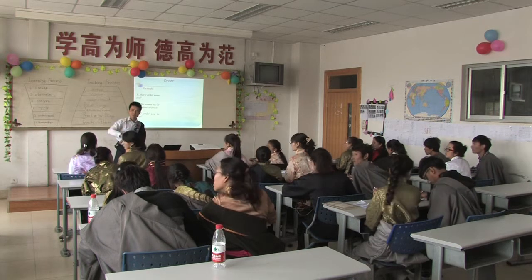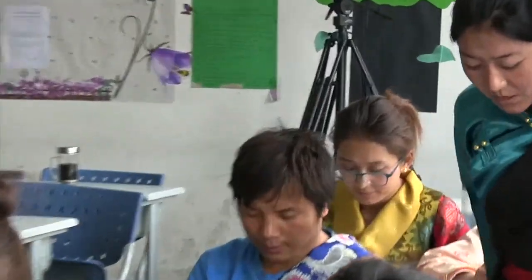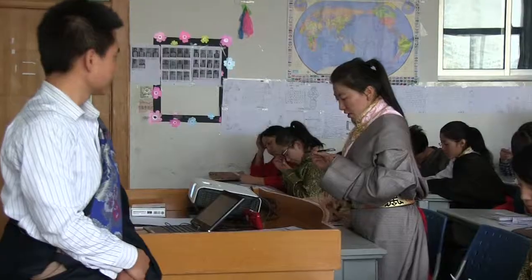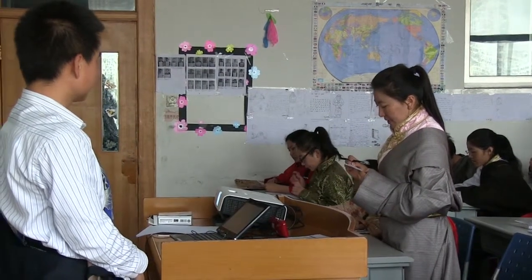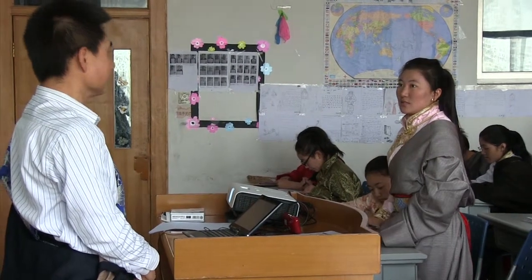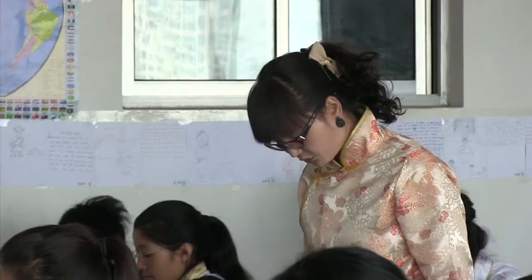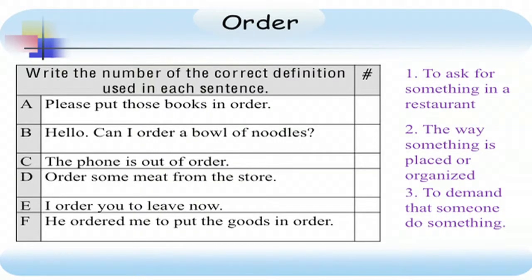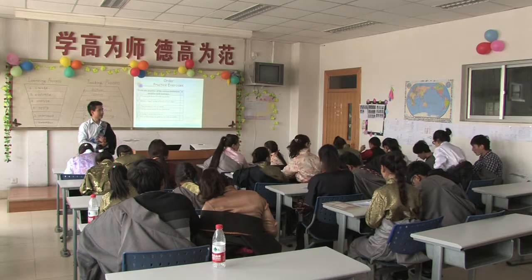Okay, yeah, please. My order, something like to ask for something in a restaurant. Do you all agree? Yes. The way something is placed or located, coordinates, something that works. Okay, very good. To demand that someone do something. Okay, who wants to share your answer? Yeah, please.